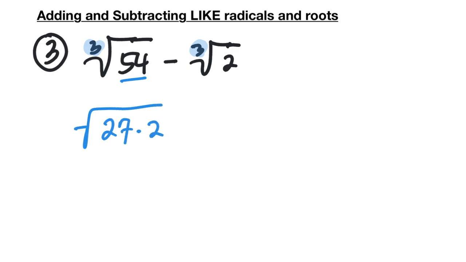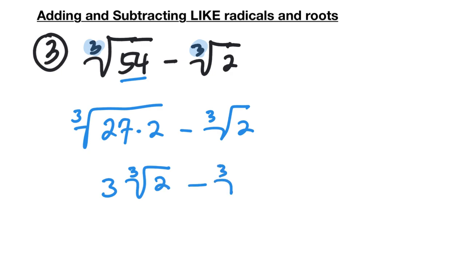Now, 27 is a perfect cube, minus cube root of 2. So the cube root of 27 is going to be 3, then the cube root of 2 minus the cube root of 2. Now, there is an invisible 1 in here, okay? So to finally answer this one, your final answer now in here is going to be 3 minus 1, which is 2, the cube root of 2.